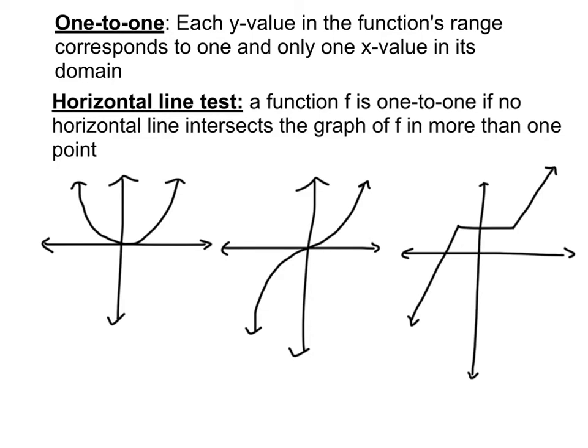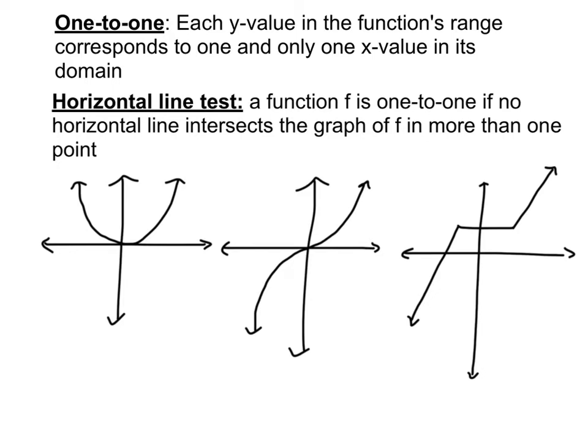And the horizontal line test just means, yes, this is already a function, so it passes the vertical line test, but does it pass the horizontal line test? The horizontal line test tests if the function is one-to-one, if there's exactly one value of x for each value of y.